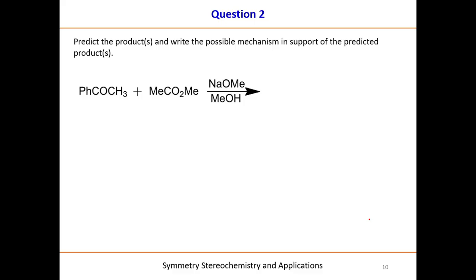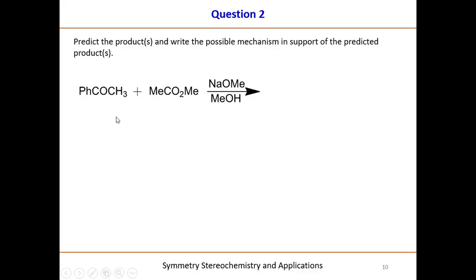In Claisen condensation, one ester group is reacting with the other ester group in the same way, like an enolate is formed and the alpha carbon attacks the carbonyl carbon to give the corresponding product, like aldol condensation. So here also we have the same thing.